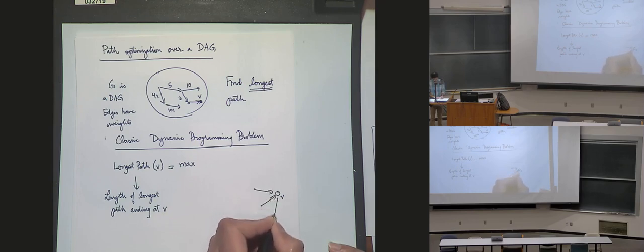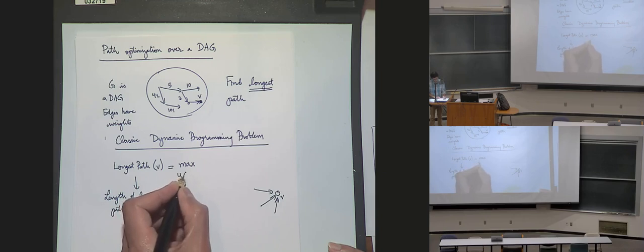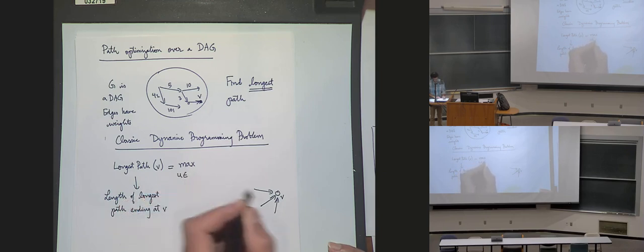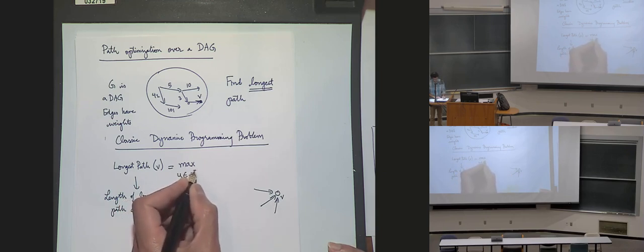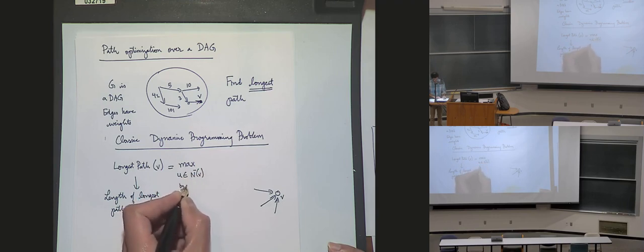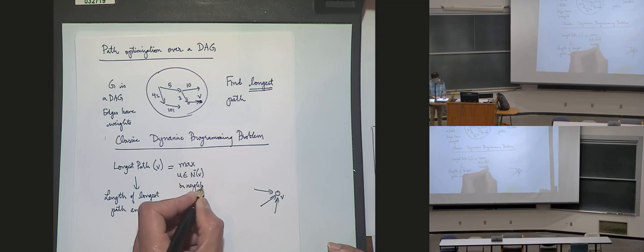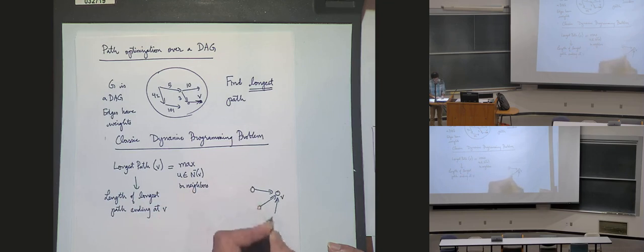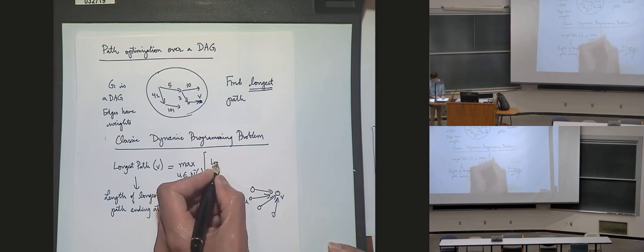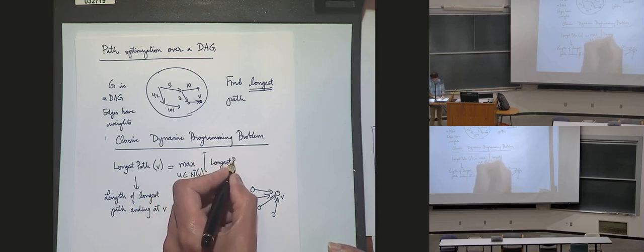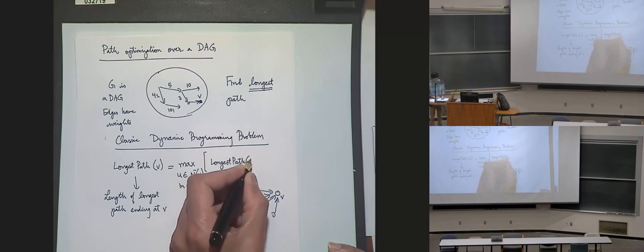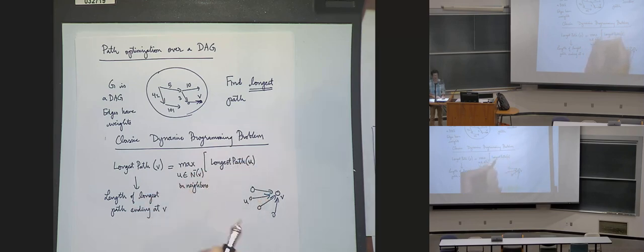So look at all in neighbors of V. So look at all U which is in, I'm just going to write this as N minus of V, which is just in neighbors. So you're looking at all of these U's. And longest path of U.